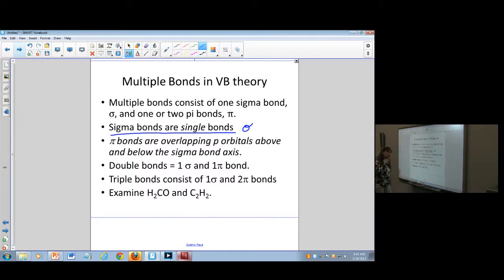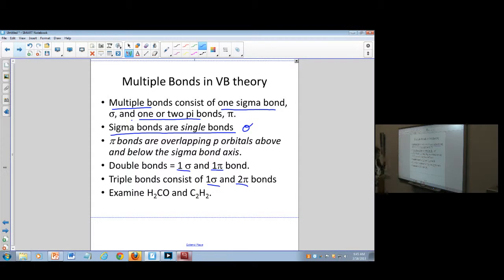Every bond has a sigma bond. When you have multiple bonds, you always have the one sigma bond, and then you have 1 or 2 pi bonds, depending on whether it's double or triple. So for double bonds, you have 1 sigma and 1 pi. And for triple bonds, you have 1 sigma and 2 pi bonds.